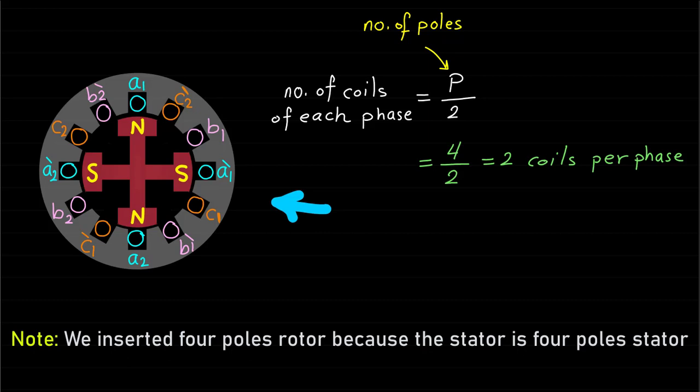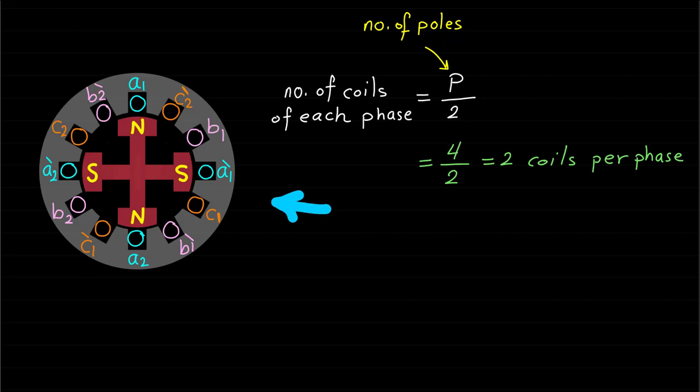As we can see, at this rotor position, this north pole faces the A1 side, this south pole faces the A1' side, this north pole faces the A2 side, and this south pole faces the A2' side.